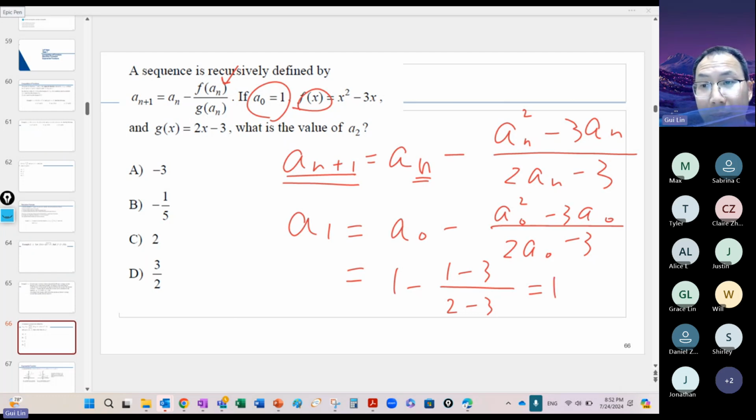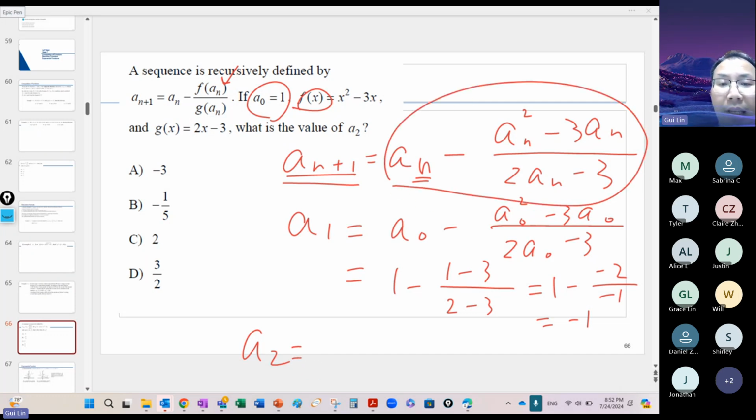So 1 minus negative 2, negative 1. So A1 got negative 1. What about A2? For A2, A1 was just negative 1, so it's replaced by negative 1.